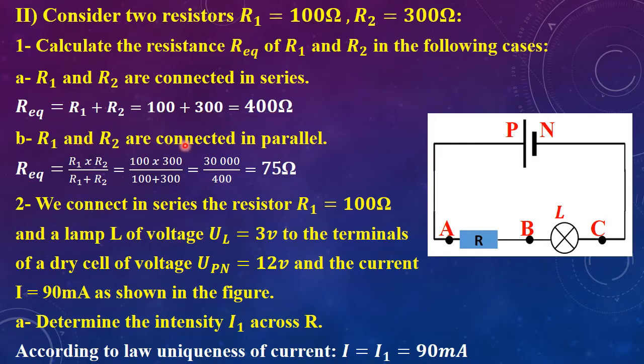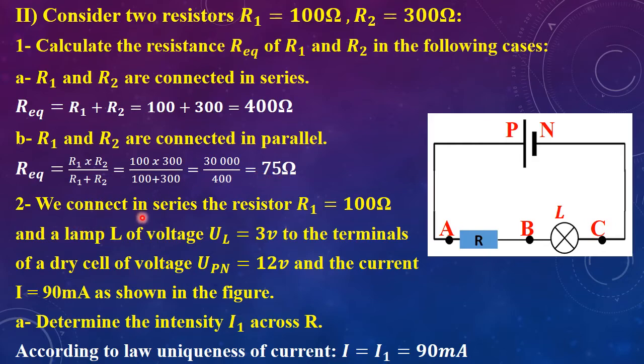R1 and R2 connected in parallel, so we apply the formula of parallel connection of resistors. R equivalent equal R1 times R2 over R1 plus R2, we replace their values to get 75 ohm.